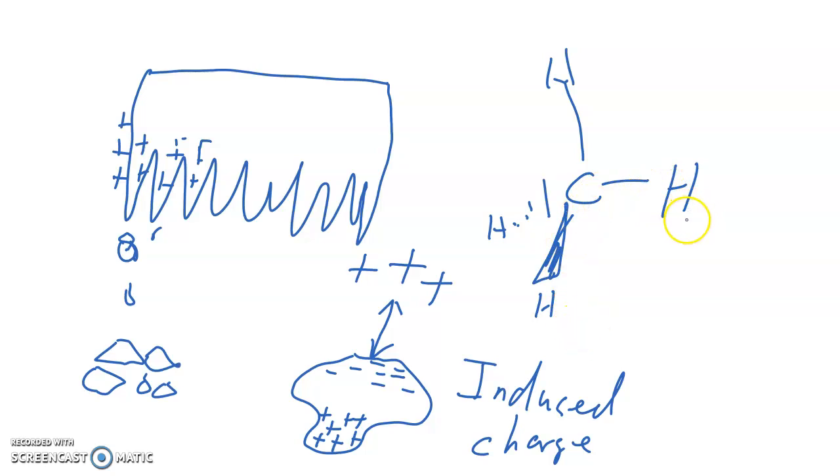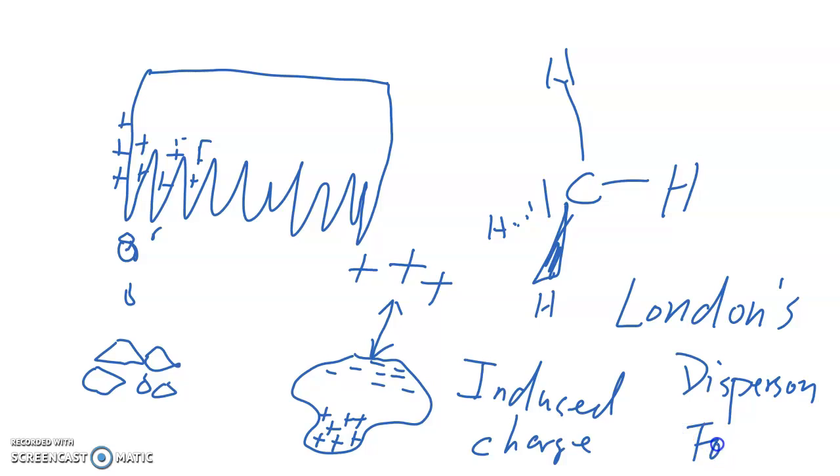And therefore, this type of intermolecular force we call London's dispersion force, or sometimes just the dispersion force. That means when you have a molecule that is very symmetrical without any net charge in any direction, how can those molecules become a liquid and get attracted to each other?